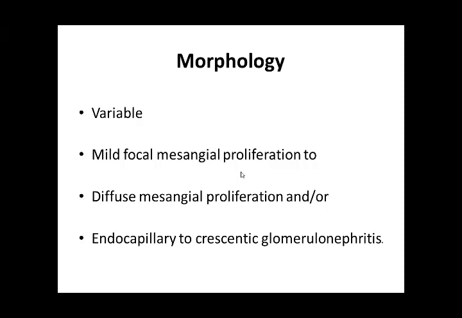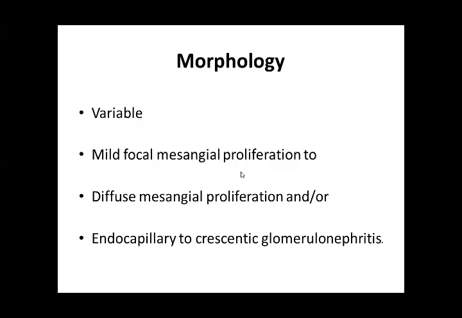progresses or has a tendency to progress to crescentic glomerulonephritis, which is crescent formation or proliferation of the parietal layer of Bowman's capsule.